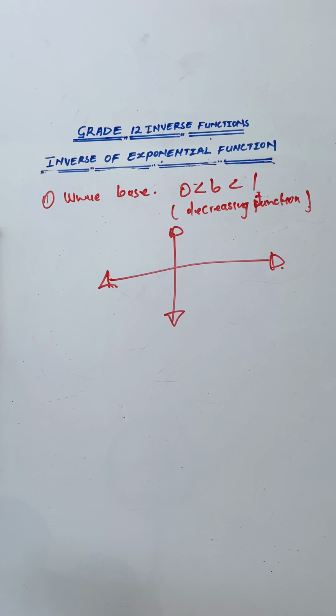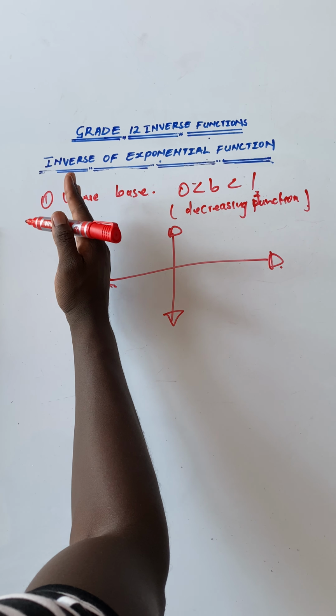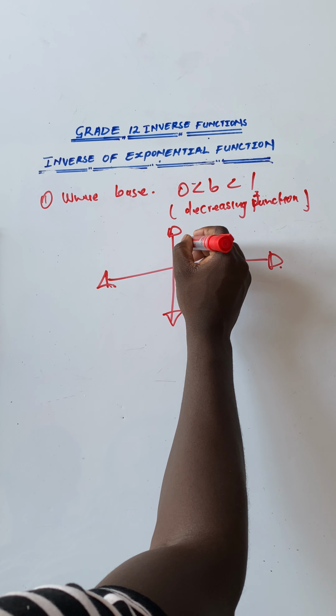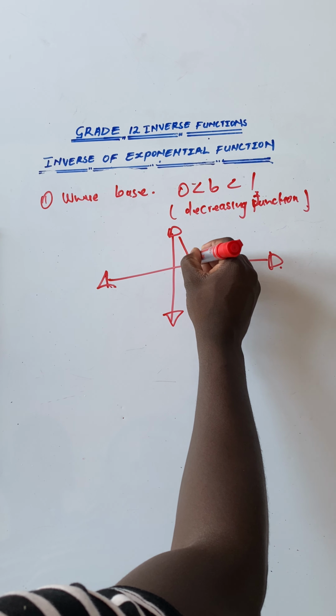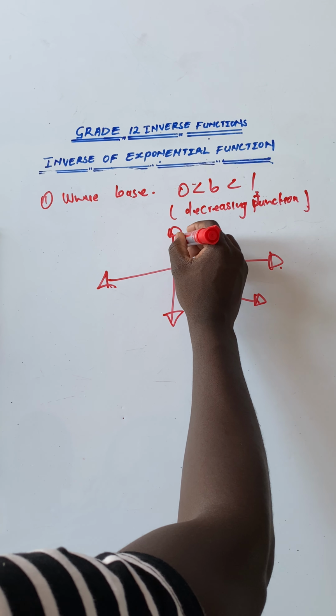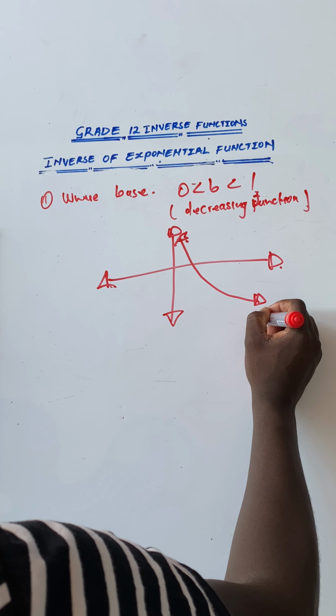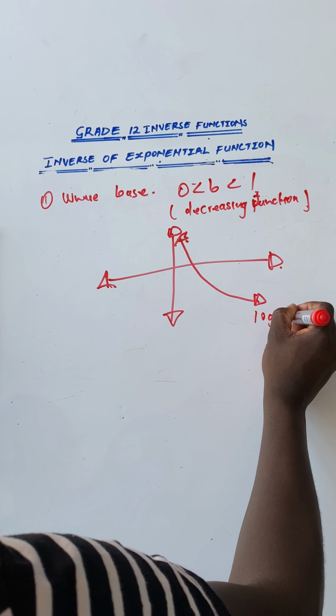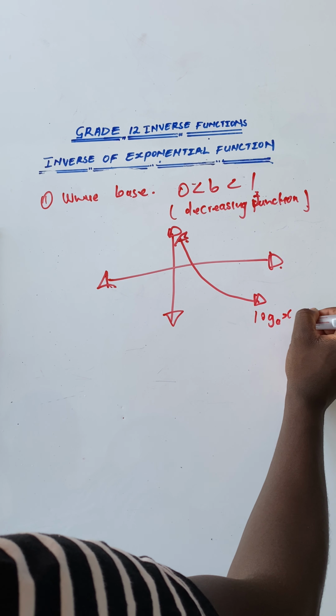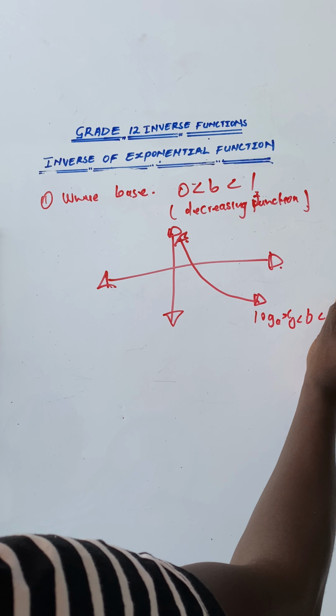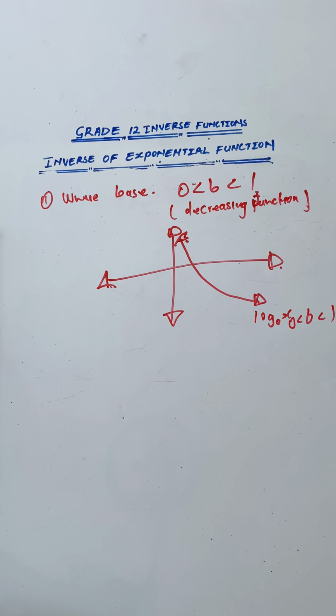A decreasing function, we know we start reading the graph from the left hand side. So a decreasing function would be something like this here. So this is a log graph where b is between 0 and 1.